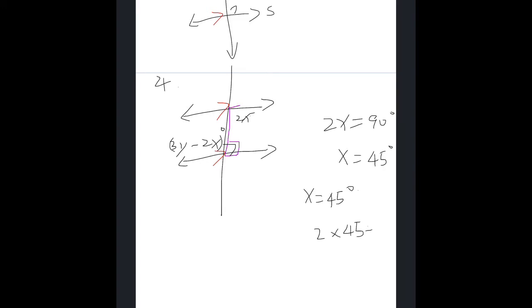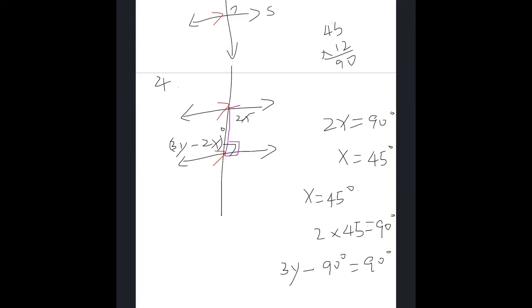It's 90 degrees. So the equation is like 3y minus 90 degrees is equal to 90 degrees.